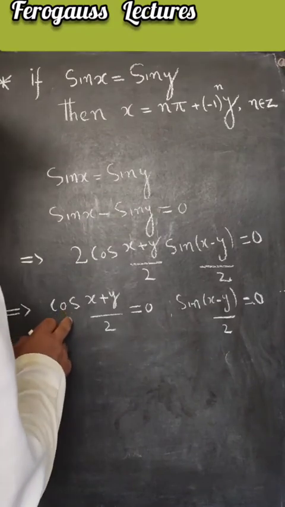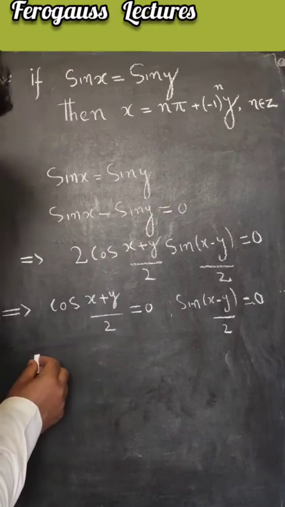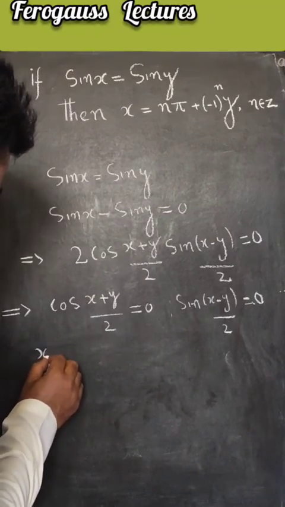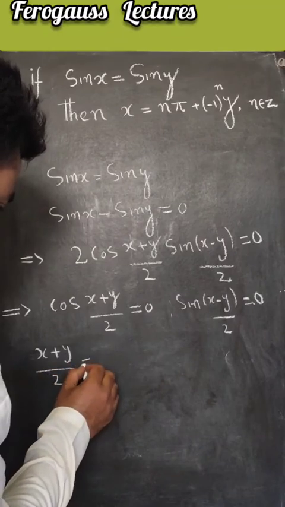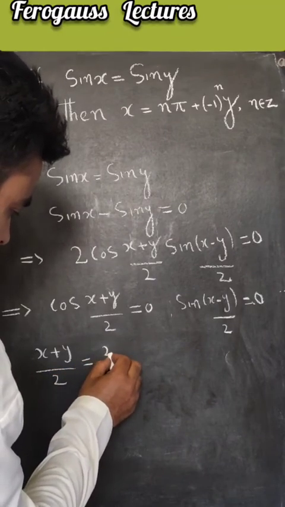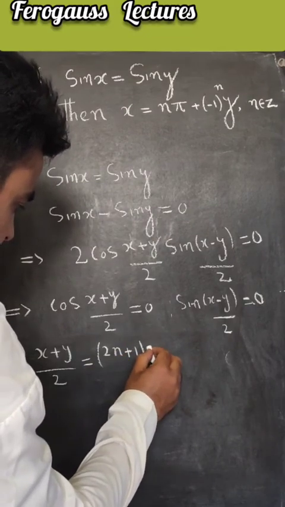Since we know that cos is 0 at odd multiples of pi by 2, we can write x plus y divided by 2 is odd multiple of pi by 2, that is 2n plus 1 into pi by 2.